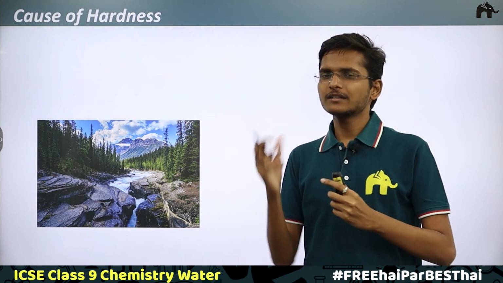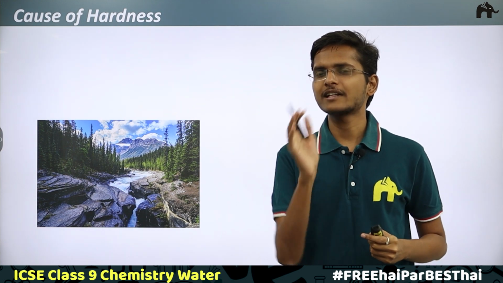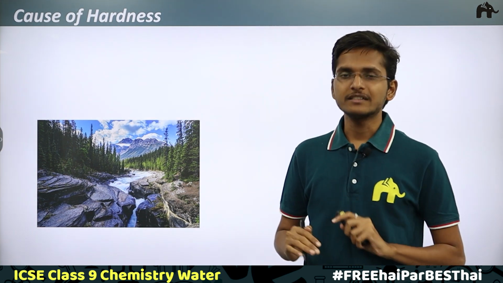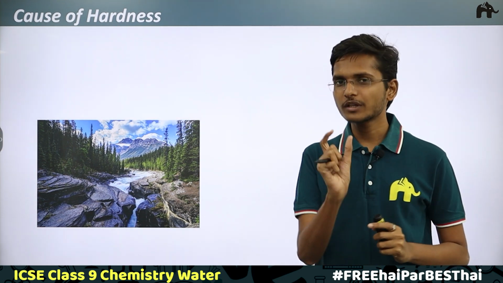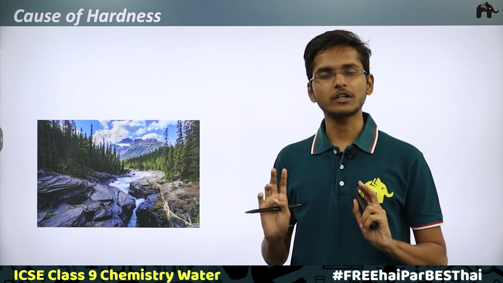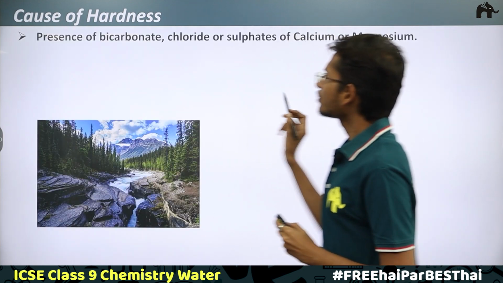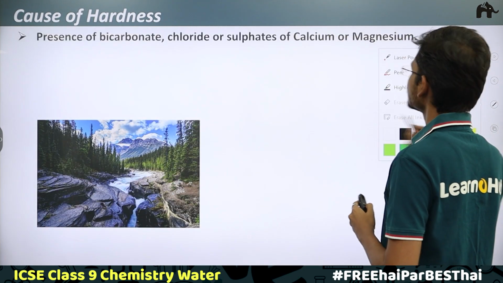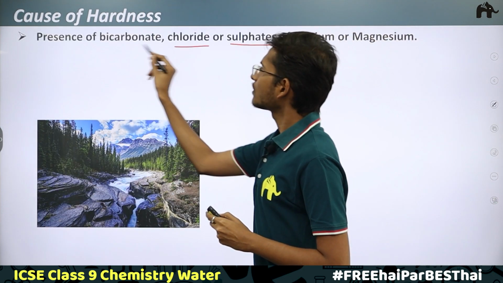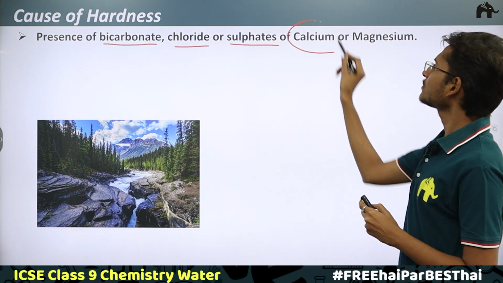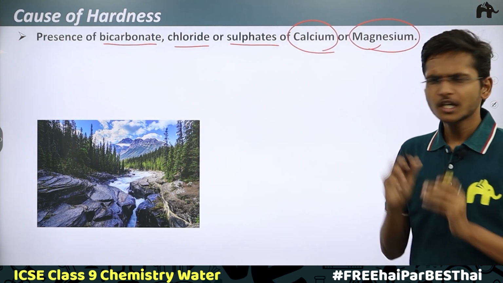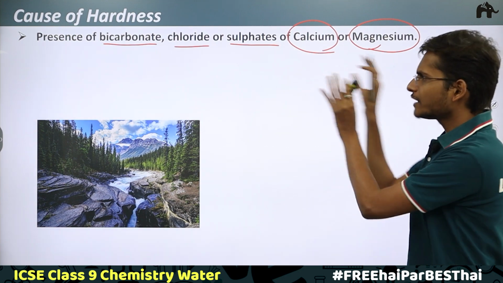Why is the water not forming lather readily? Now, the reason behind this is that this water, which we so-called hard water, has the bicarbonates, chlorides or sulfates of calcium or magnesium. Now let me make you understand these things. I will simplify this.